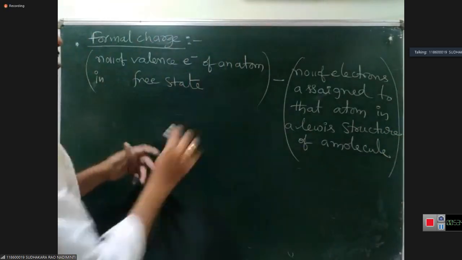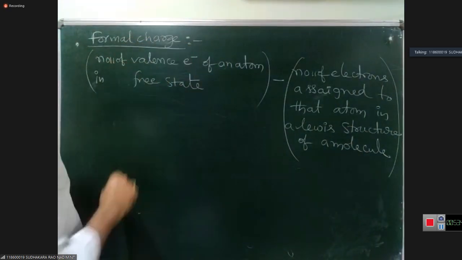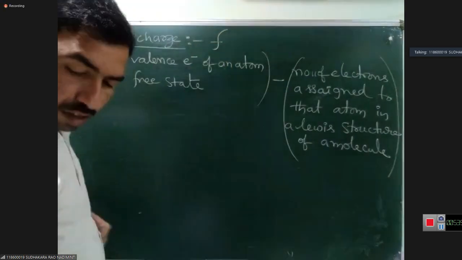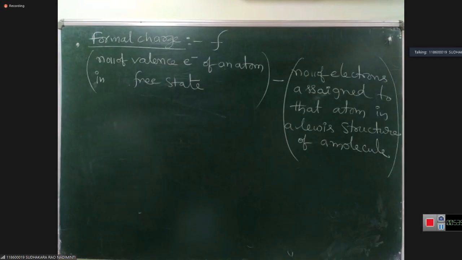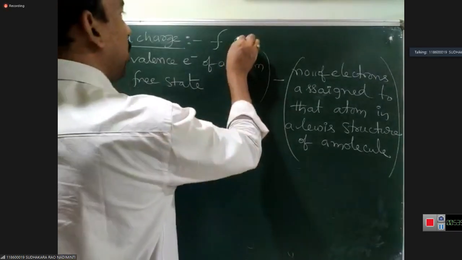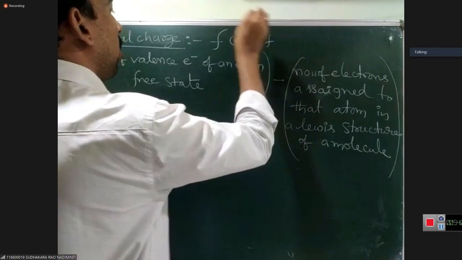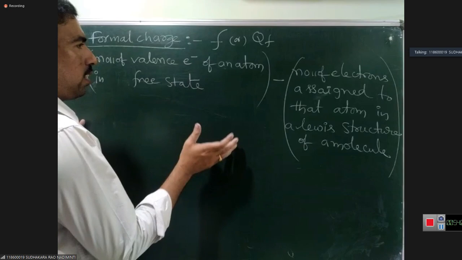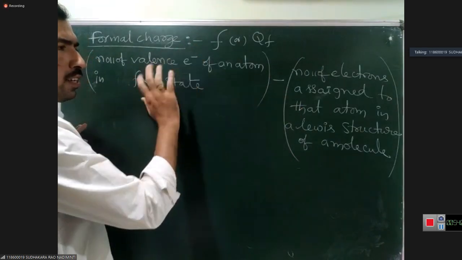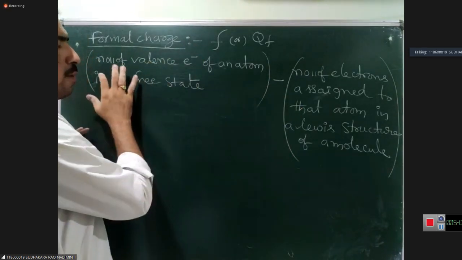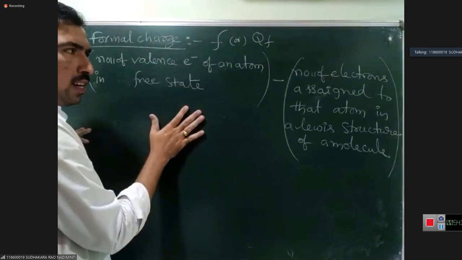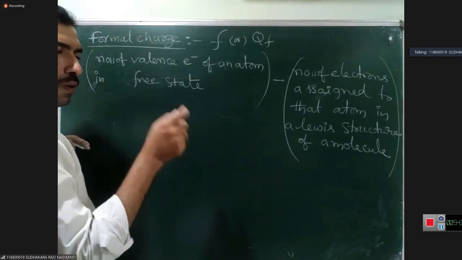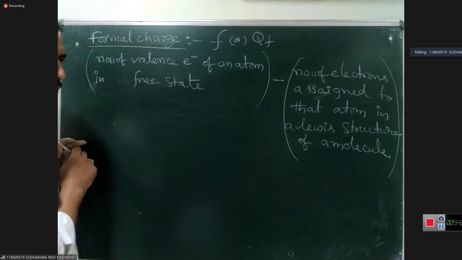So what is this difference? Formal charge, sometimes F or QF. The formal charge of an atom can be defined as the difference of what? The number of valence electrons of an atom in the free state and the number of electrons assigned to that atom in a Lewis structure of a molecule.